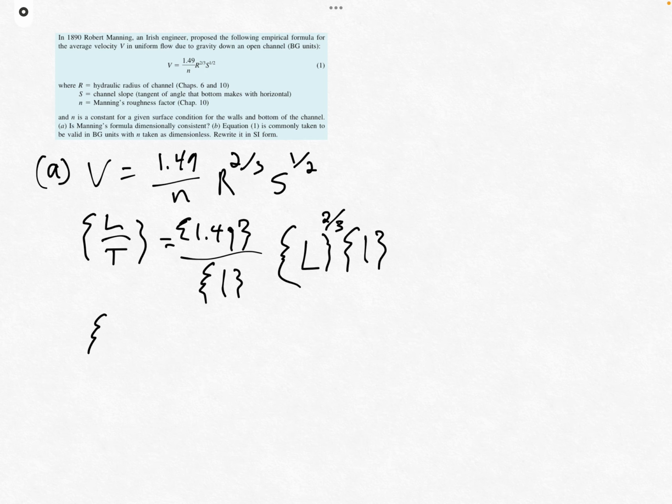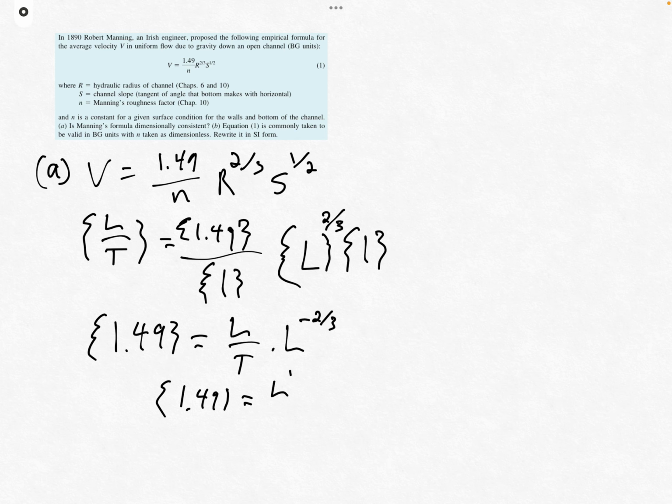We're going to say the dimensions of this constant 1.49 have to be L over T times L to the minus 2/3. And if we simplify that, the dimensions of 1.49 are equal to L to the 1/3 over T.